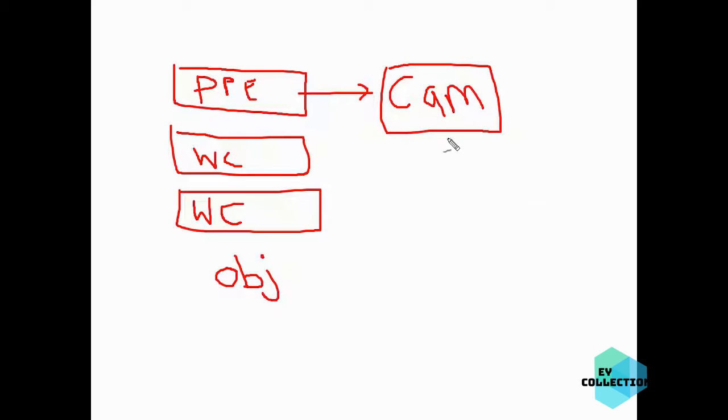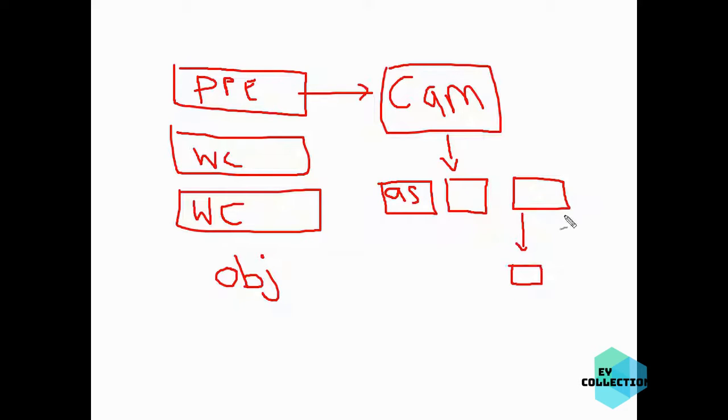And within a campaign, you can create ad sets. So an ad set, let's call it AS. You can have multiple ad sets. One ad set here, one ad set there, one here. And then within an ad set is when you create your individual ads. And these individual ads are the ones that are going to your Teespring page.